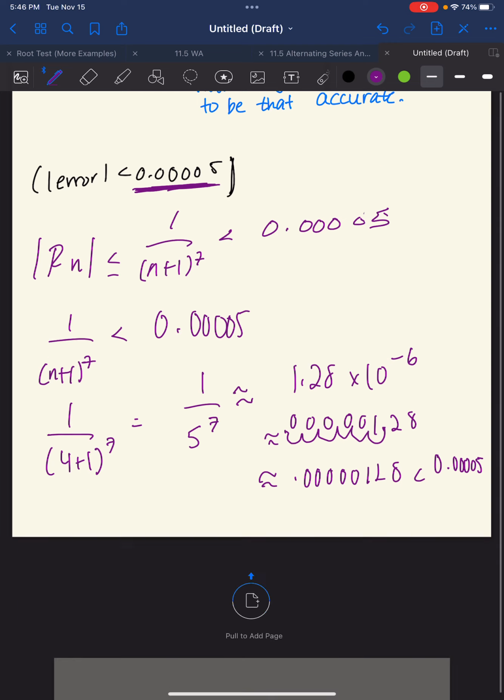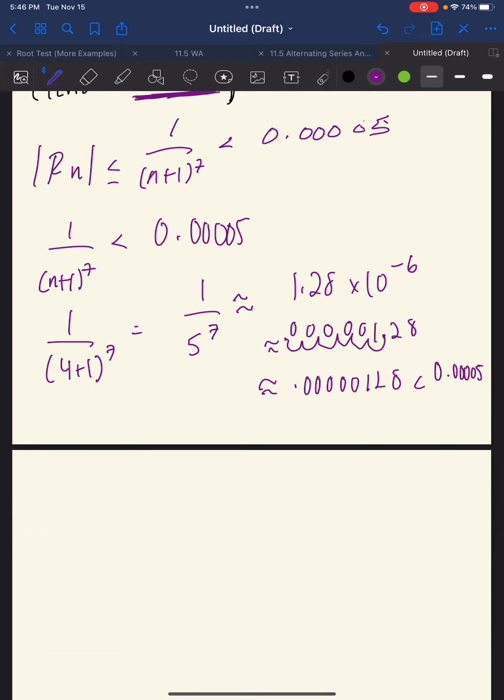And if you check 5 terms, it would be 1 over 5 plus 1 to the 7th, which is 1 over 6 to the 7th. If you did that, this would be greater than the error over here, 0.00005. So you stop here.